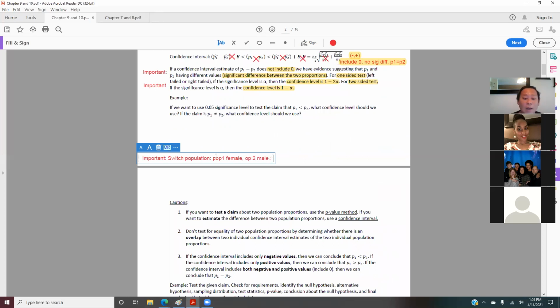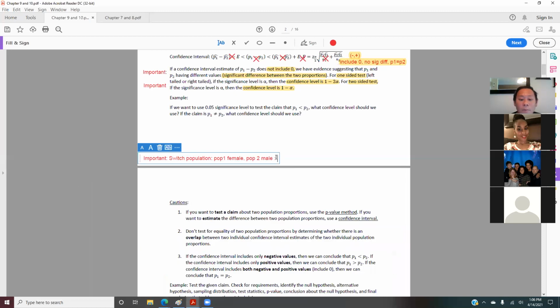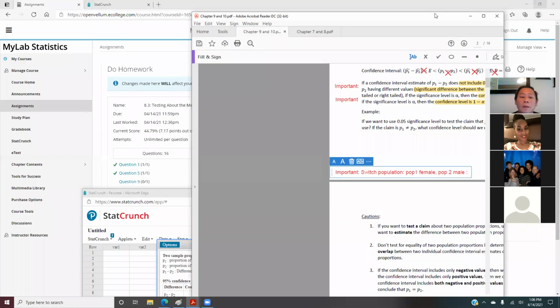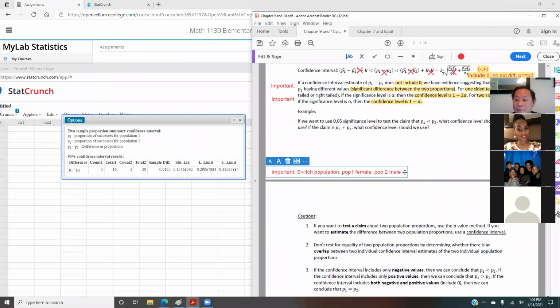This is the confidence interval we just got, this number, negative 0.29 and 0.32. Okay. So what happens if I switch the population around?